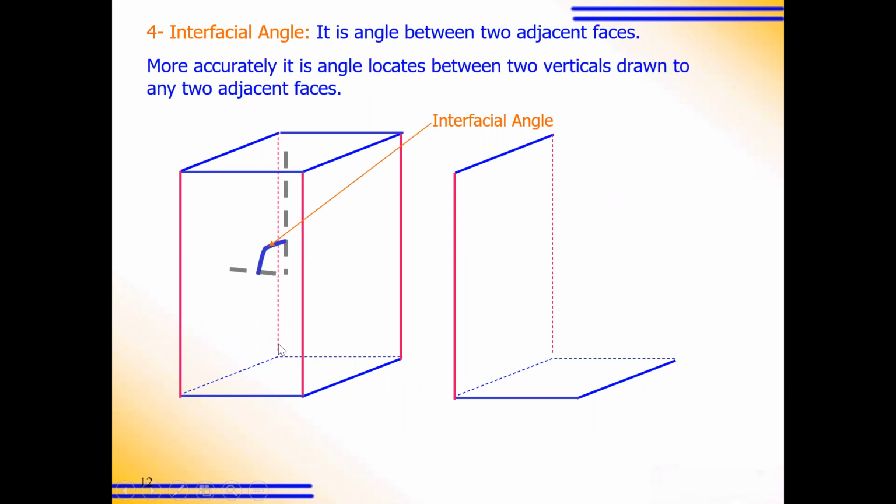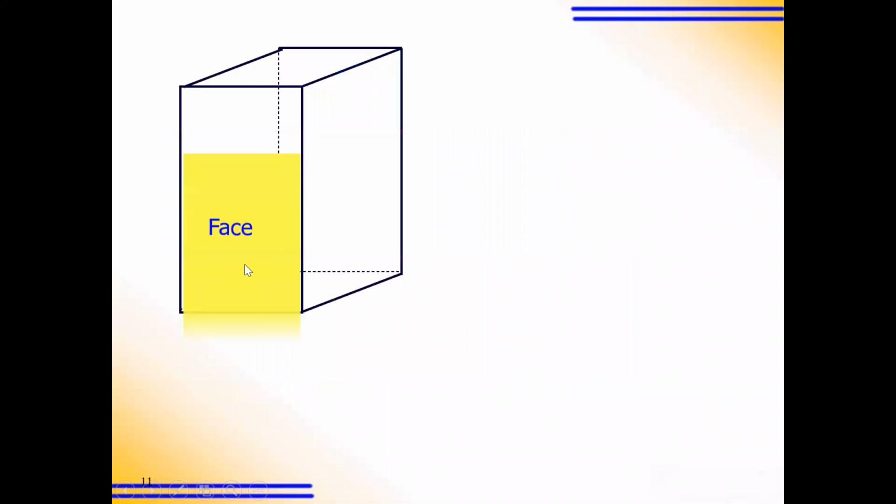Or this one is one edge, this one is the second edge. So more accurately, it is an angle between the two normals drawn to any two adjacent faces. What do we mean by faces? So faces, as previously, this is called the face, right?